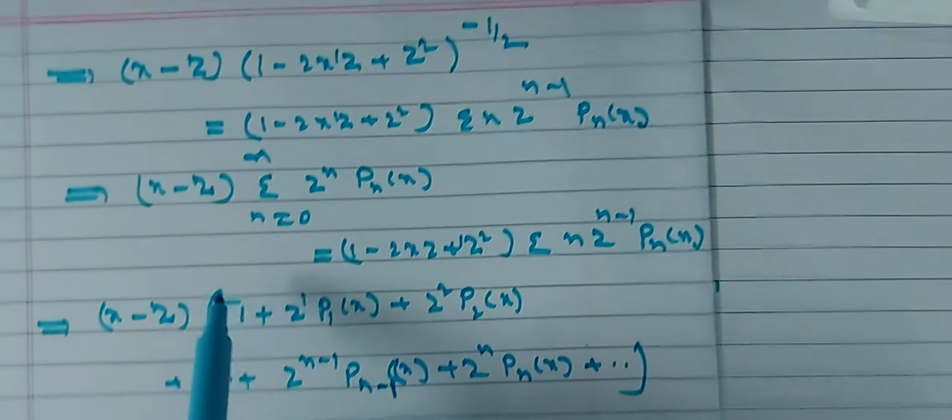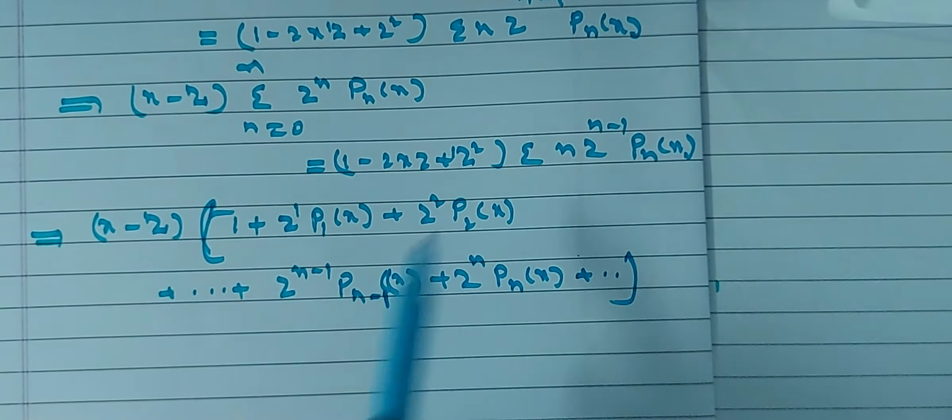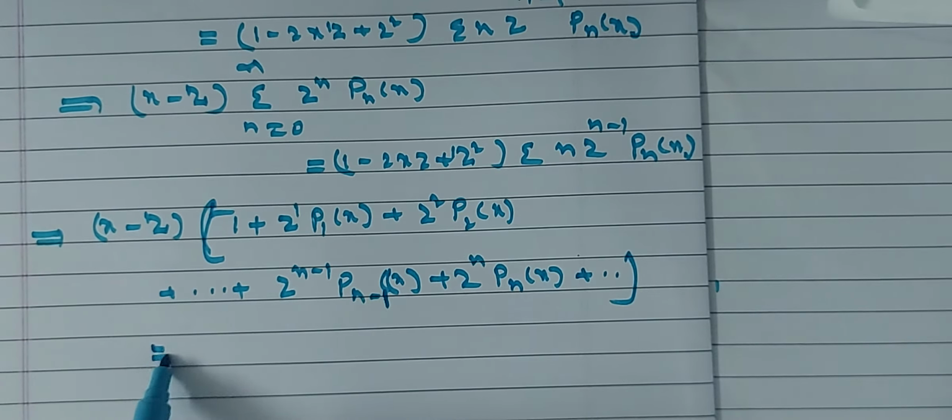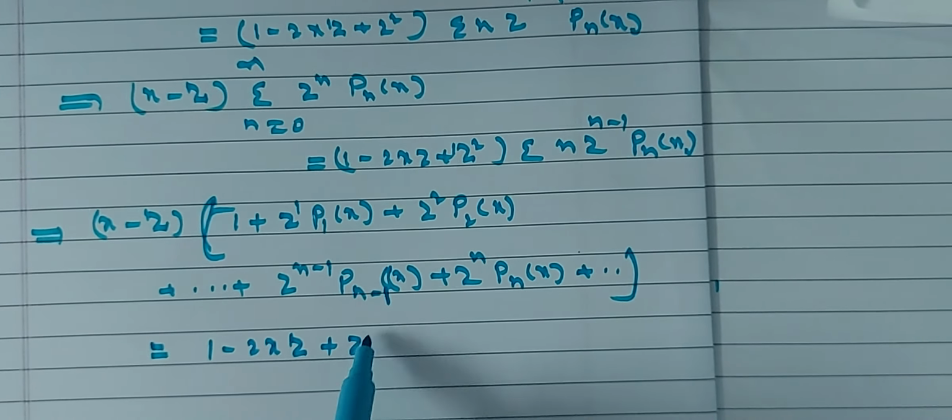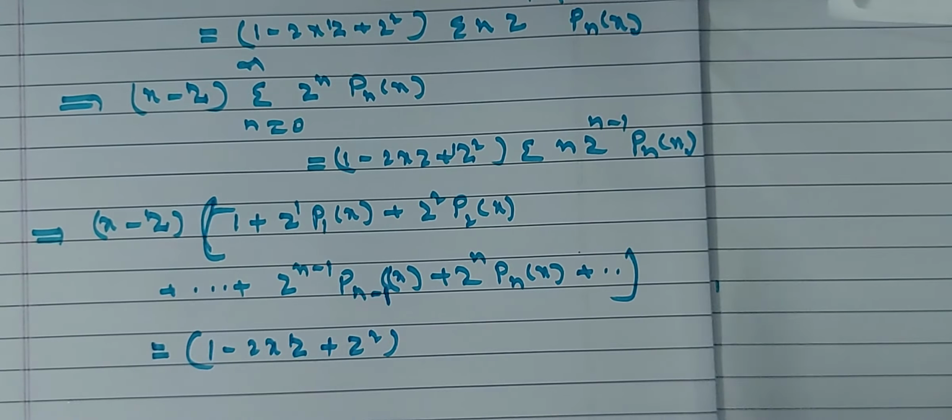Next, the right side is (1 minus 2xz plus z square) into the expansion of the sigma, n is equal to 1 first of all.